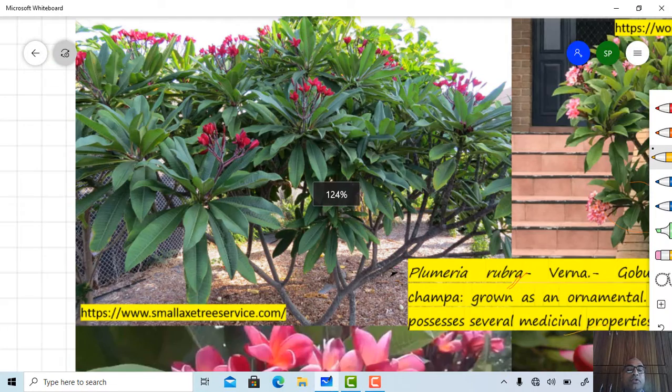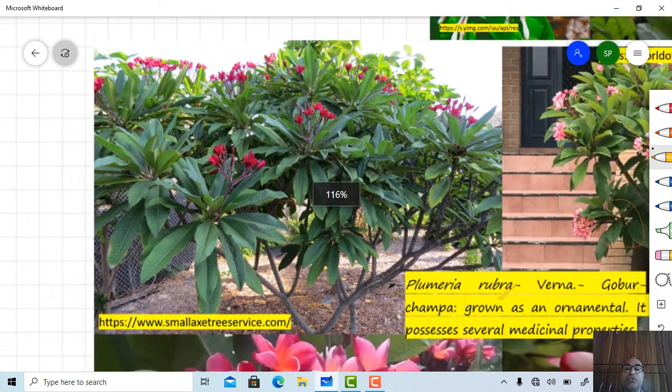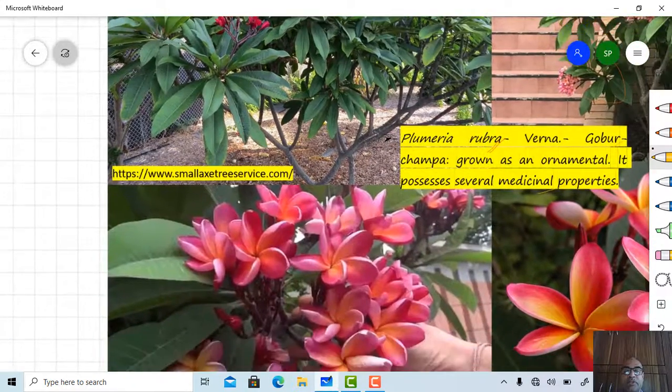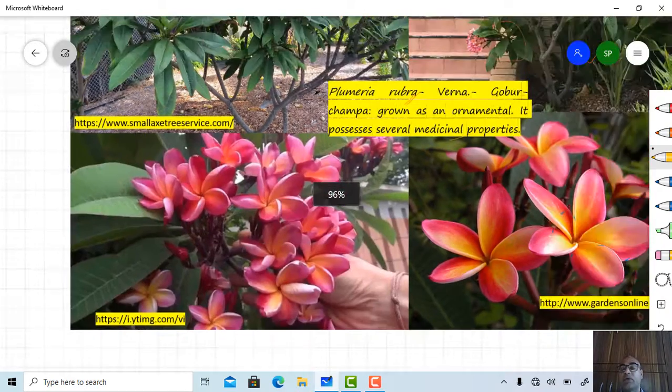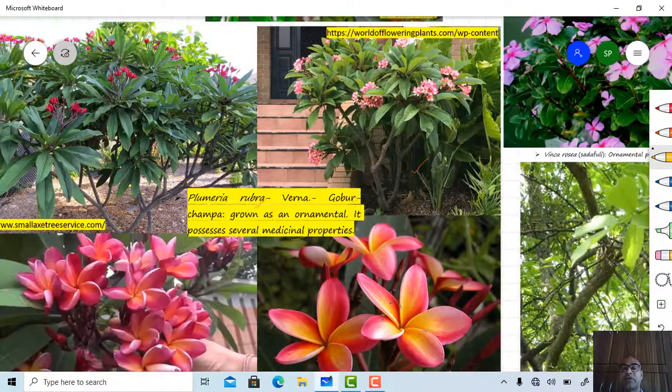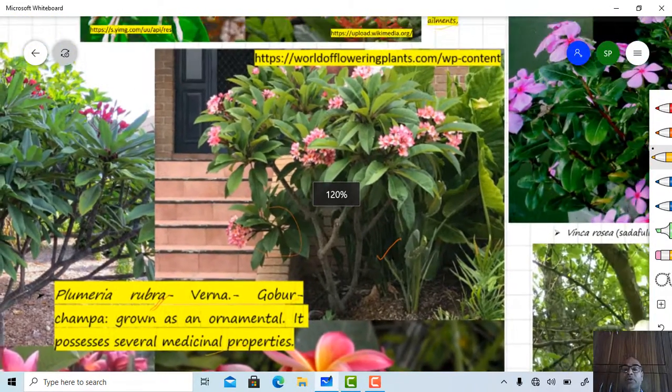Just observe the habit of the plant, stem nature, then branching pattern, leaves, flower or inflorescence. Just see the type of inflorescence present here, nature of flower, beautifully placed flower. This one is a somewhat shrubby habit of the plant.